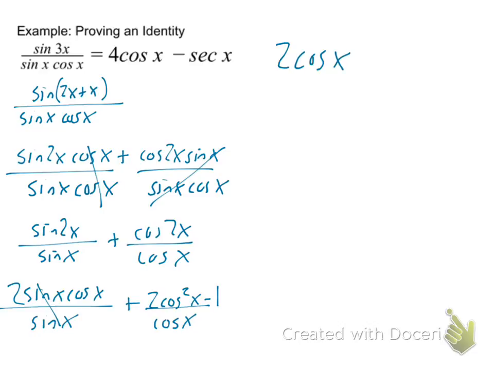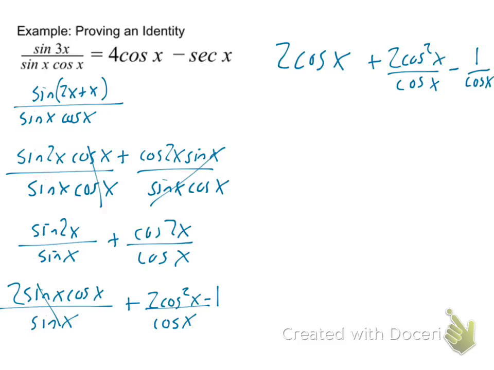But what can I do with that second fraction? Can I split it to its own? 2 cosine squared x over cosine x minus, oops, 1 over cosine x.